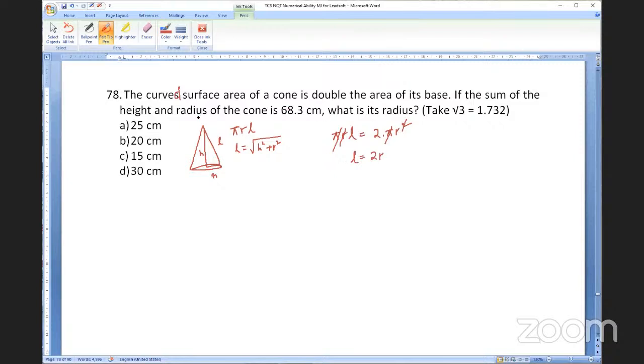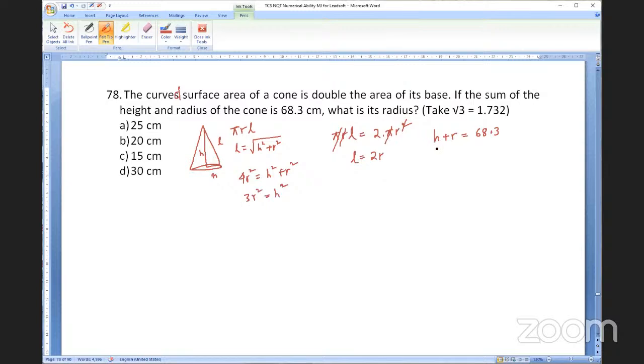Great. If the sum of height and radius is 68.3, h plus r equals 68.3, then what is the radius? We need to find the value of r. Let's use L equals 2r. On squaring both sides, 4r square equals h square plus r square. 3r square equals h square.